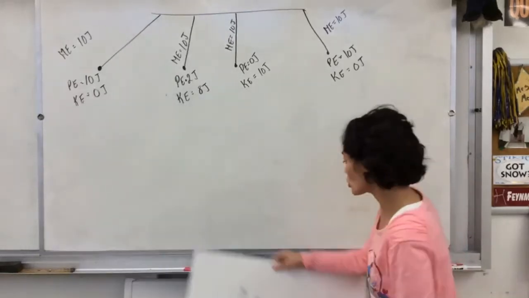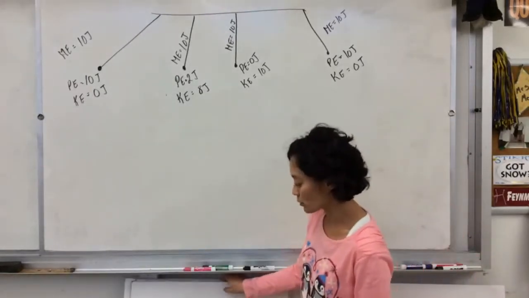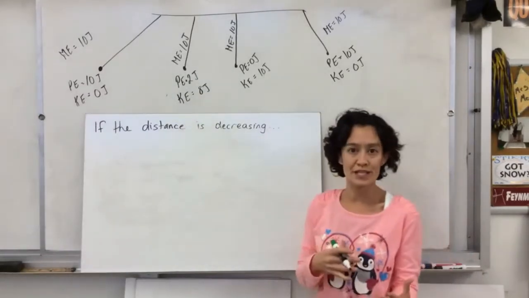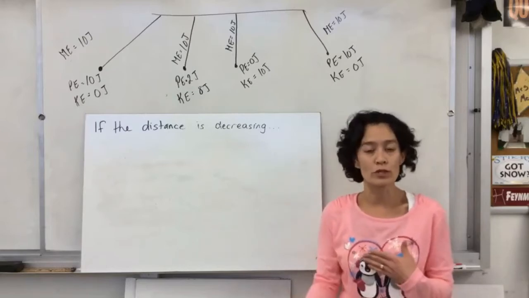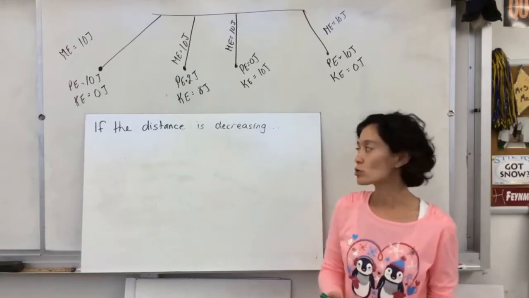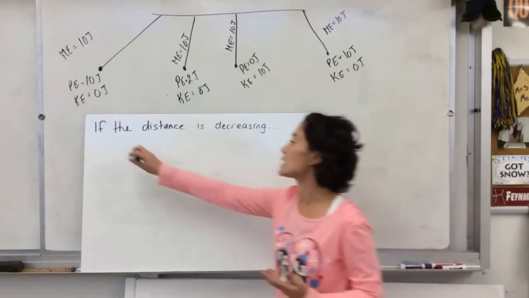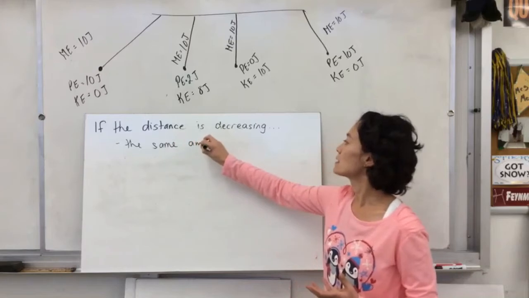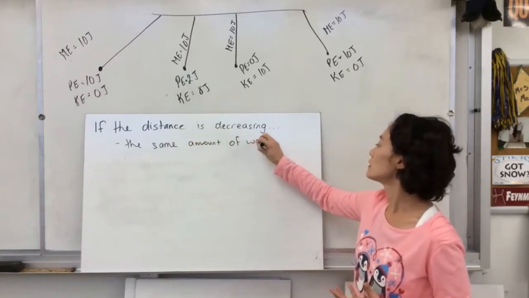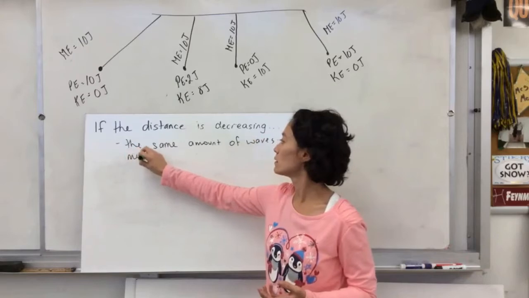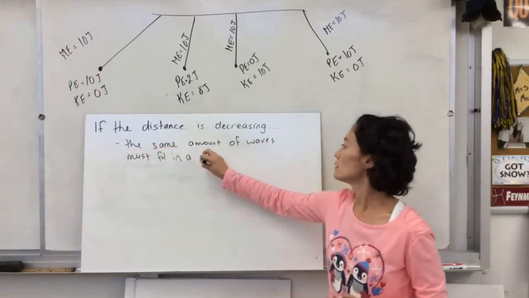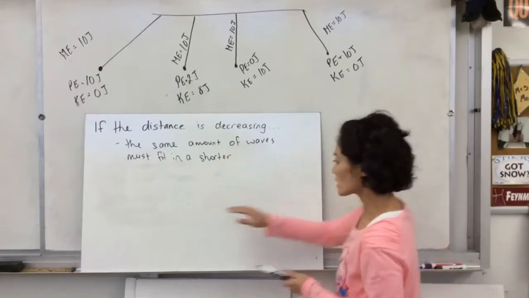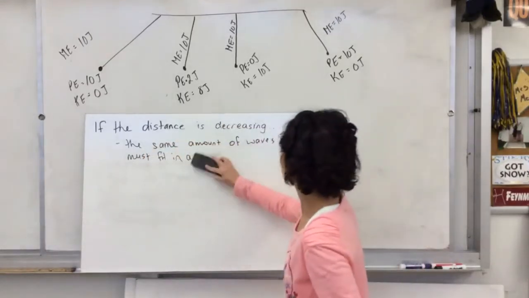So if we look at the two examples of how you'd have a Doppler shift, one is if the distance is decreasing. The distance between the source and the detector would decrease if the source was moving towards the detector or the detector was moving towards the source. If the distance is decreasing, then the same amount of waves must fit in a smaller distance.